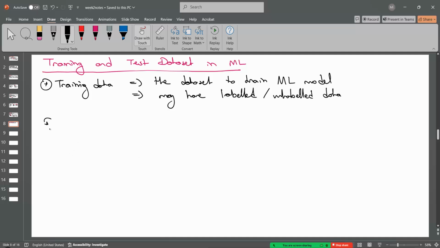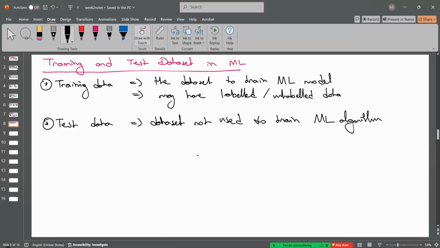But what is the test data? Test data is the dataset not to be used to train the ML algorithm. This is called the ground truth dataset, which means this is the golden standard to check whether our algorithm is okay or not, or whether it gives the best results or not.